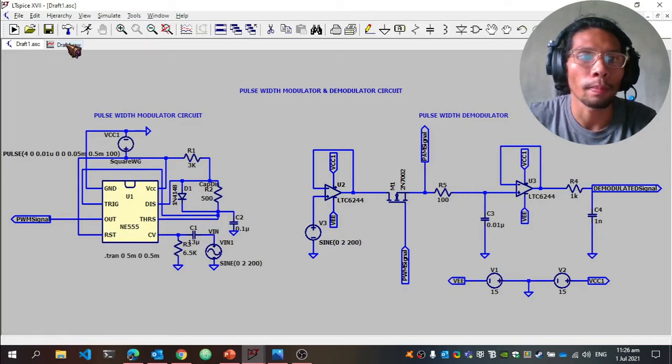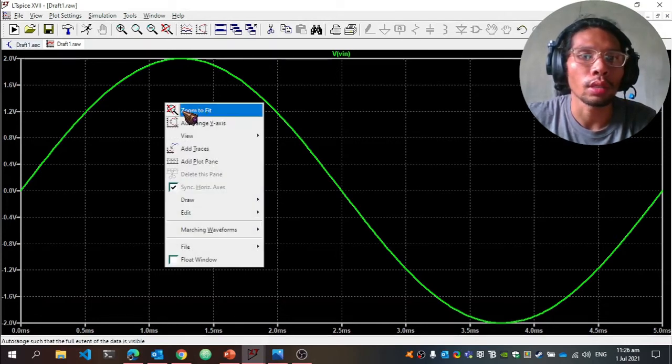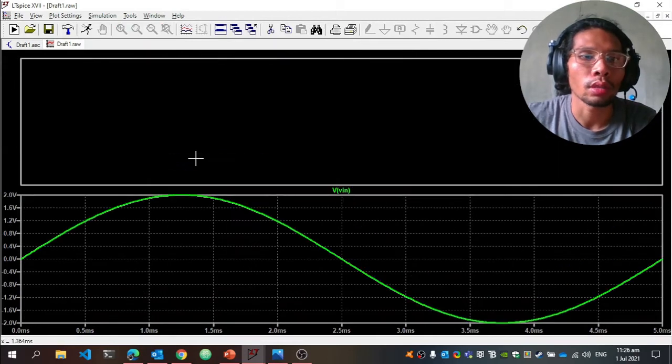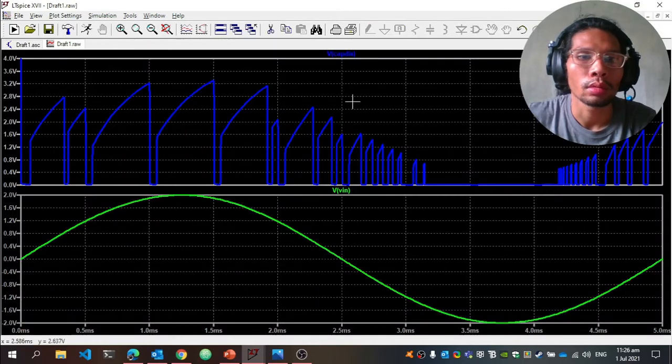Clicking on the VIN, you can see a sinusoidal wave. Then for an additional plot plane, I will also select this sawtooth generator, so you can see the sawtooth generator.